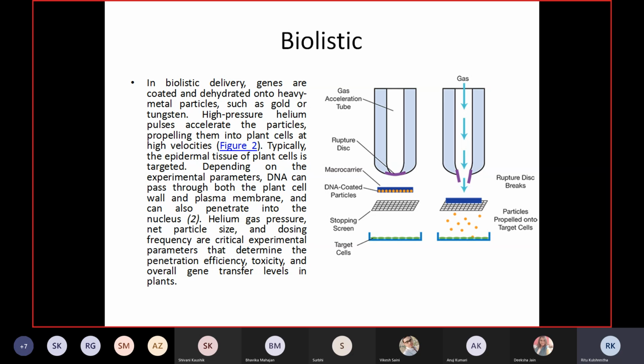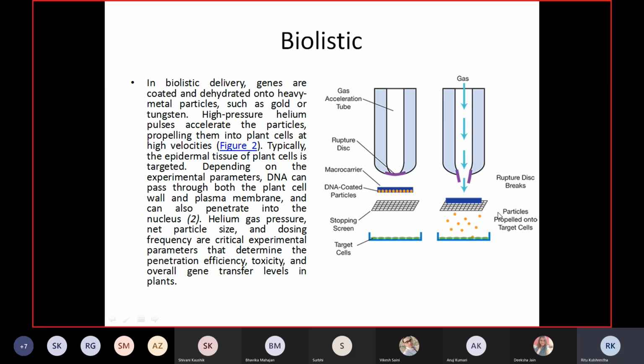So this is another method. So one is agrobacterium, then you can use chemical based methods by coating your DNA with PEG or encapsulating them in liposomal particles or nanoparticles, silica particles, etc., and see their internalization in protoplast.